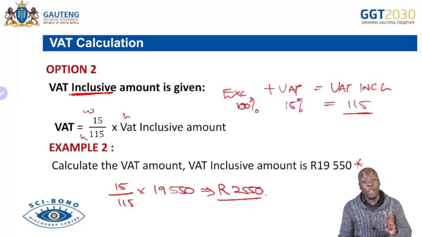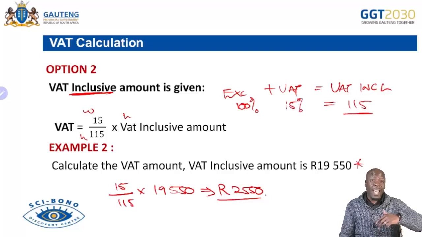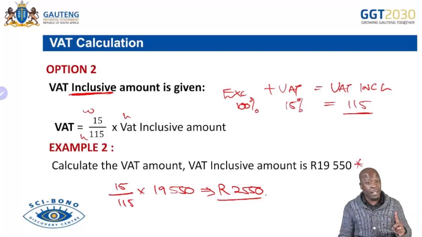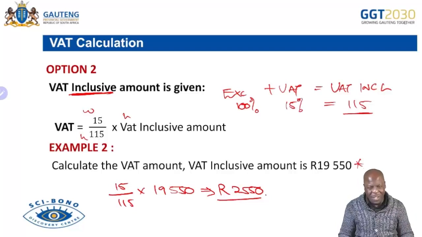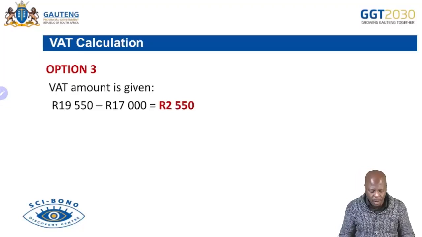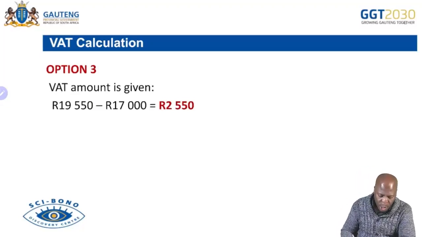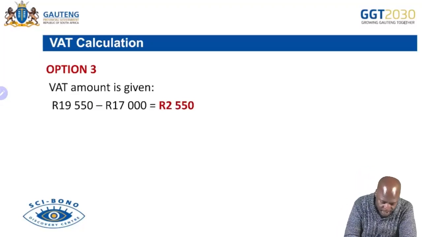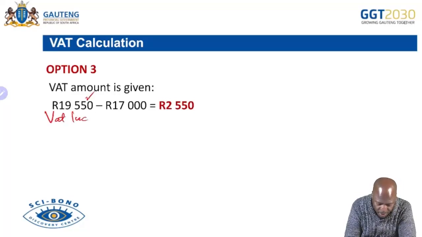So far we've done two options. Number one, when we're given the exclusive 100. Then when you are given the inclusive 115. Let's now exploit the third option, which becomes very easy. In the third option, you are given two amounts: the VAT inclusive, which is your 19,550, and your VAT exclusive.